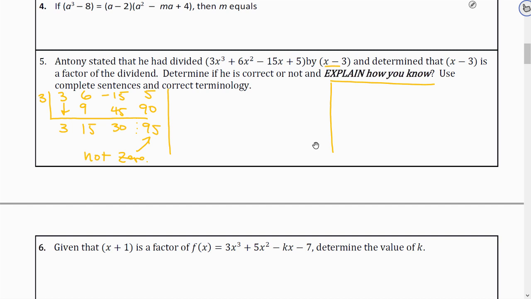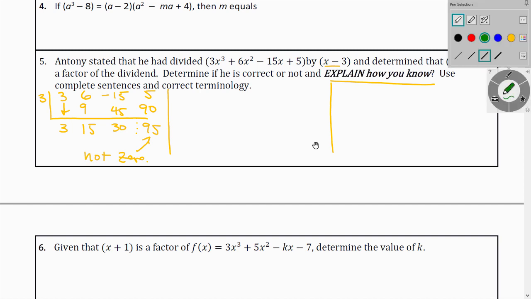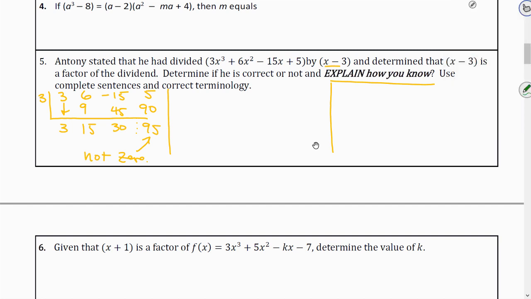I don't have my pen to change colors. There it is. The other method you could use is the remainder and the factor theorem. I could plug +3 into the polynomial to see what remainder I'd get. That's probably 95, but let's do it this way.